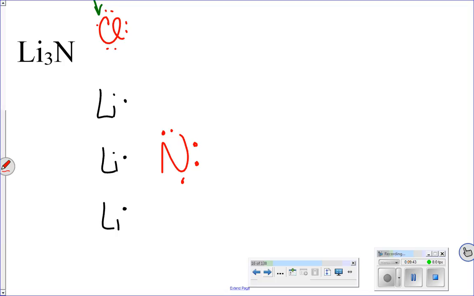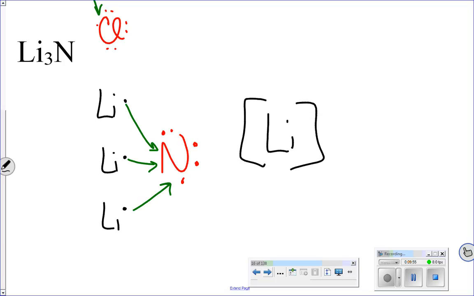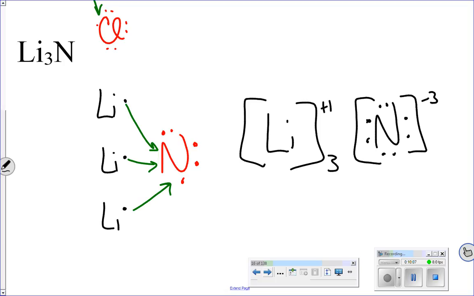Sorry about that. These 3 electrons are going to all be transferred over to my nitrogen. 1, 2, 3. What I'm going to end up with will be lithium with no dots, +1 charge for each of them, and there's 3, so I'm using the brackets. And my nitrogen now feels like it has 8, and I'm going to plot my -3 charge right out there.